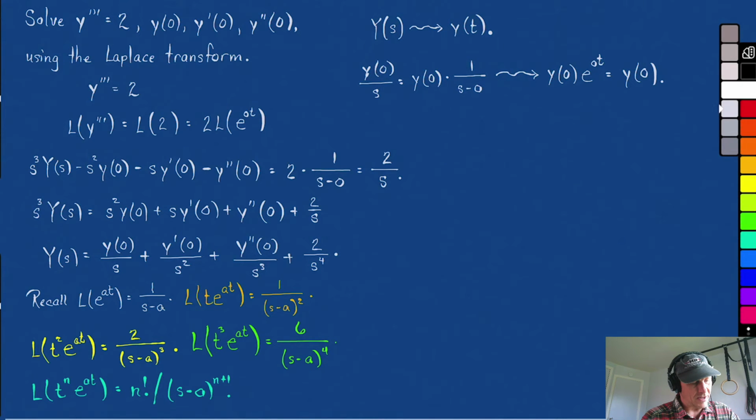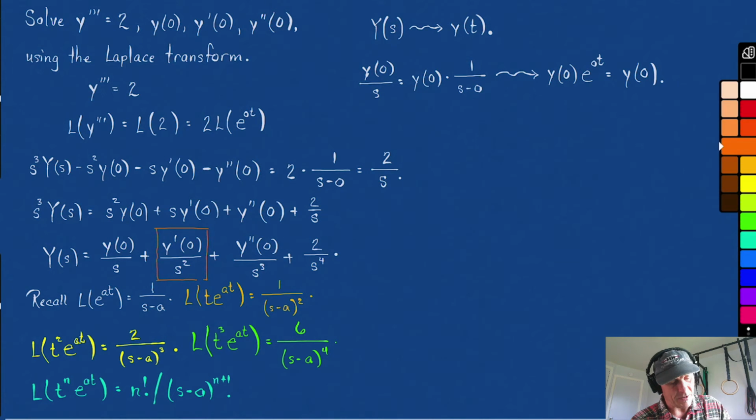Now, the next one we have, and I'm going to match my colors, is going to be in this orange. The next term I'm working on is this one right here, y prime of 0 divided by s squared. Let's think of this as a constant, y prime of 0 times 1 over s minus 0 squared.